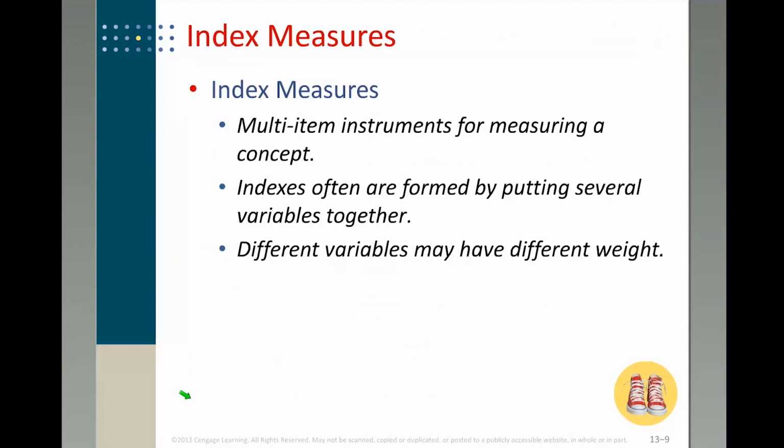And finally, I would like to talk about index measures. There are situations when you cannot measure some property using one variable, and you have to combine several variables to better measure something. The example we had at the beginning when we talked about measuring performance, right?